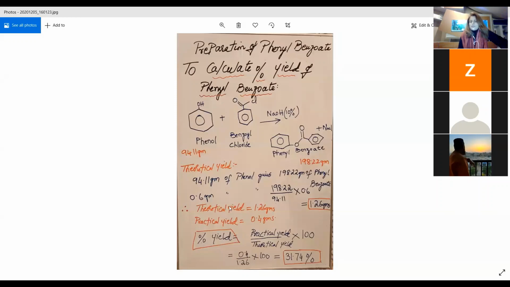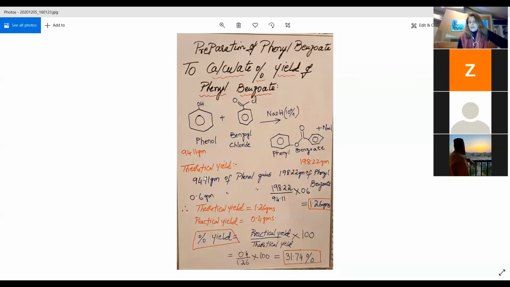Now you need to calculate the theoretical yield. What is theoretical yield? Because you need these two values for putting them inside another formula to calculate the percentage yield of your compound, which is percentage yield equals practical yield over theoretical yield into 100. So for solving this formula, you need to calculate the theoretical yield.